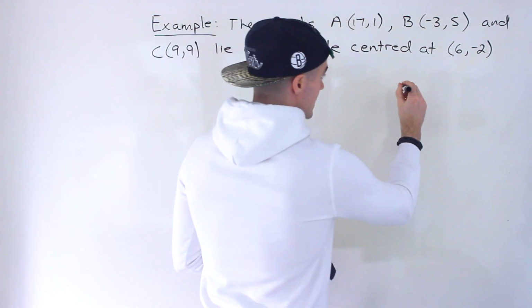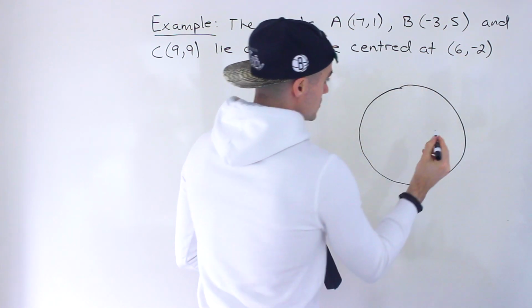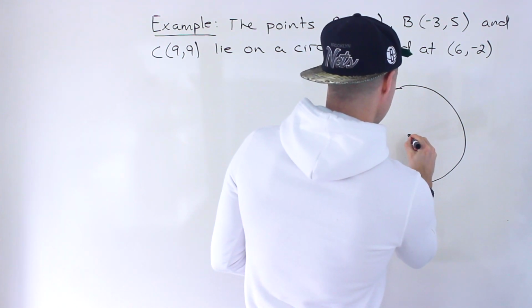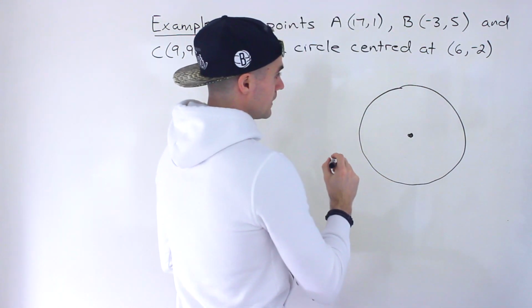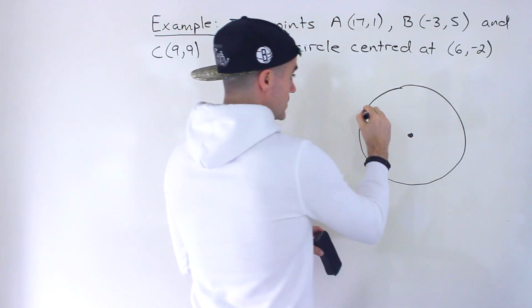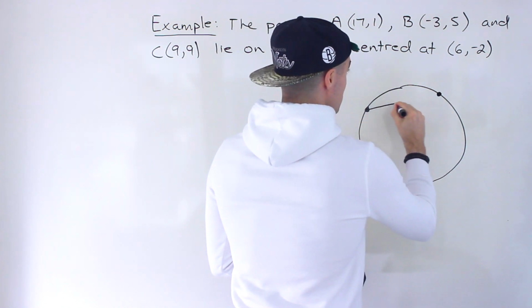To show this as a diagram, if we have a circle, let's say its center is right here, approximately. If we draw any chord, remember what is a chord? Well, if we take any 2 points on the circle, let's say right there, we have this chord.